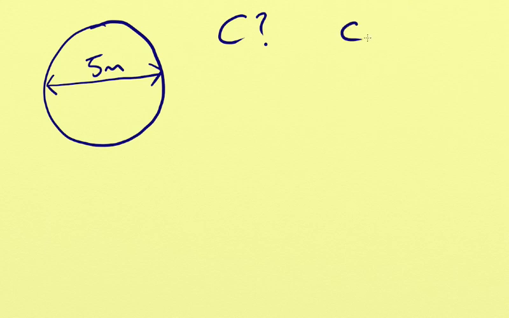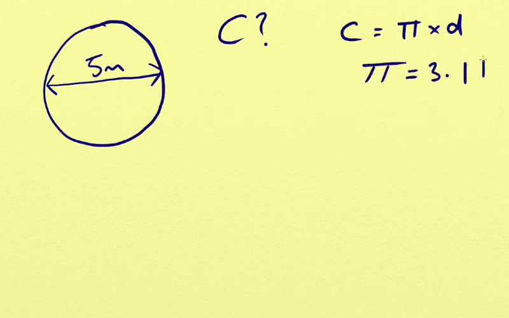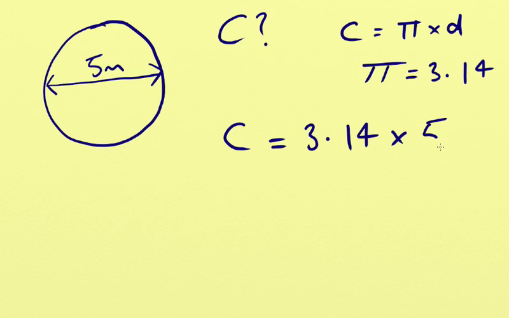We know that circumference is equal to pi times the diameter, and we know that pi is always 3.14. Now we have all the numbers we need. So the circumference is equal to pi, which is 3.14, times the diameter, which is 5 meters. So we want 5 times 3.14.